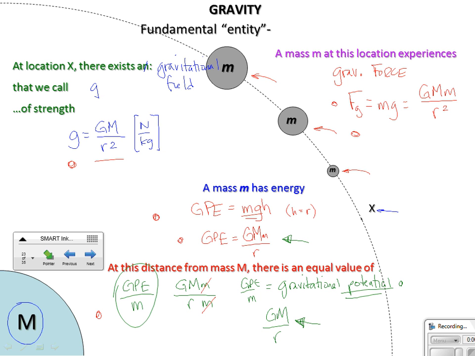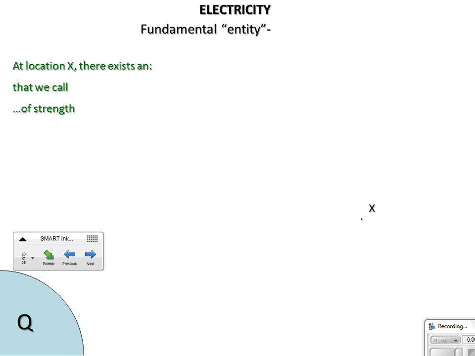When we talk about gravity, the fundamental entity that we deal with most fundamentally is just mass. When we deal with electricity, of course, the fundamental entity turns into charge.